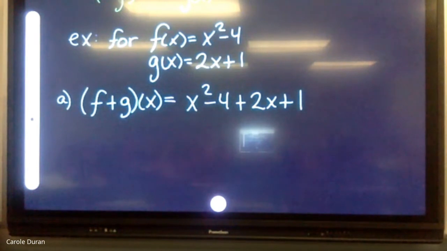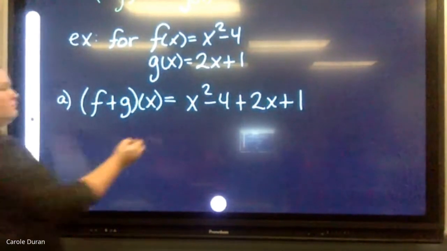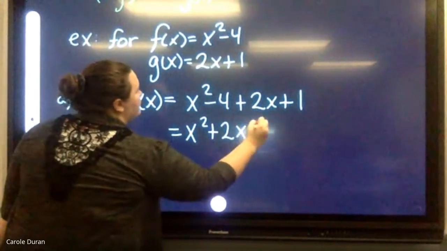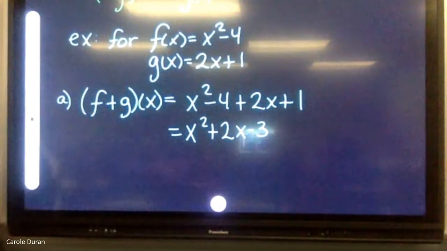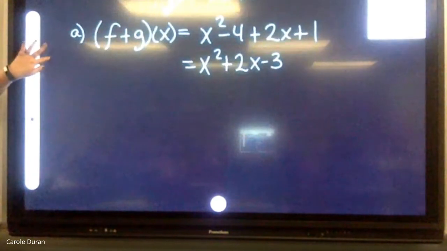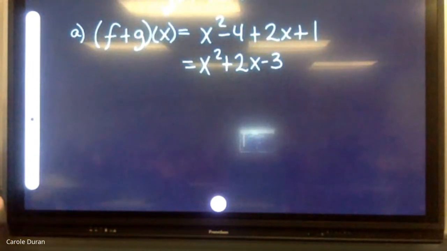So what am I going to have to do with those terms? Combine like terms. Is there anything I can put together? The -4 and the 1. Sometimes there's not going to be anything, and that's okay too. So this simplified is x squared plus 2x minus 3. Questions, concerns, or issues with that one? So that's the answer.